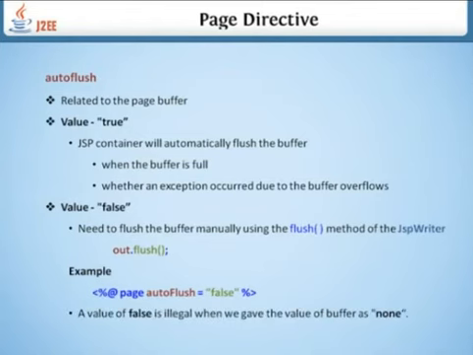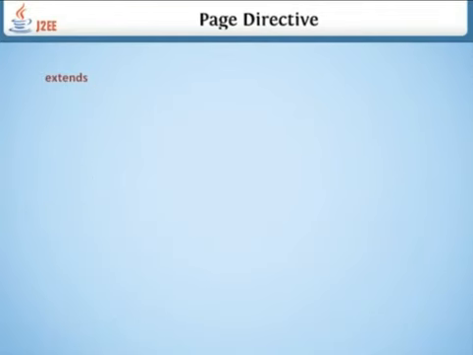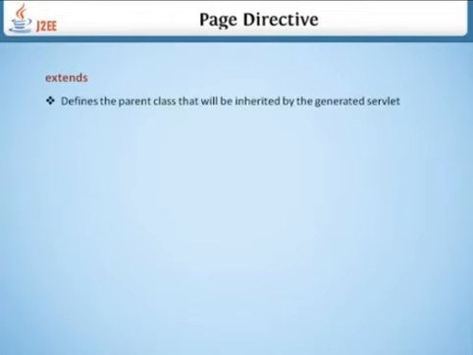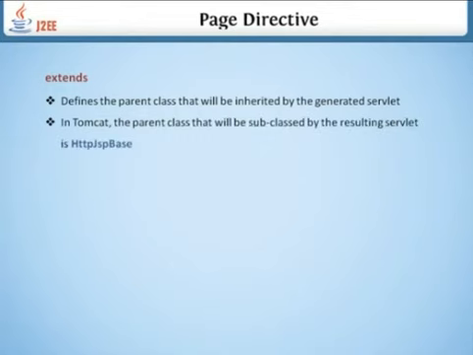Next one, extends. It defines the parent class that will be inherited by the generated servlet. In Tomcat, the parent class that will be subclassed by the resulting servlet is HttpJspBase. Page extends equal to package.classname.